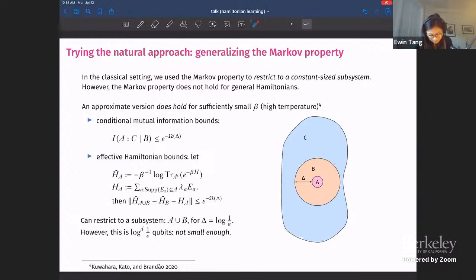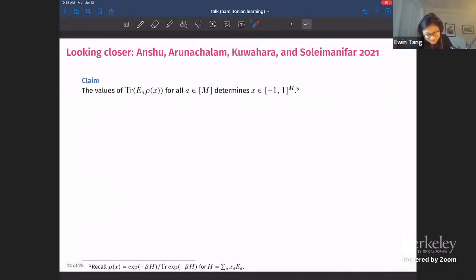So what we do is we look a little bit closer at what's going on. In particular, we use the fact that if we know these marginals, the expectation of an observable, which is trace of E_A rho, where the E_A are the terms of the Hamiltonian, then it determines the value of the coefficients.